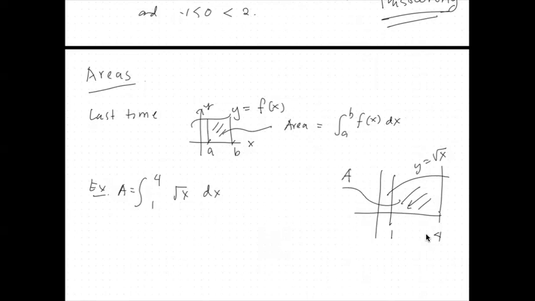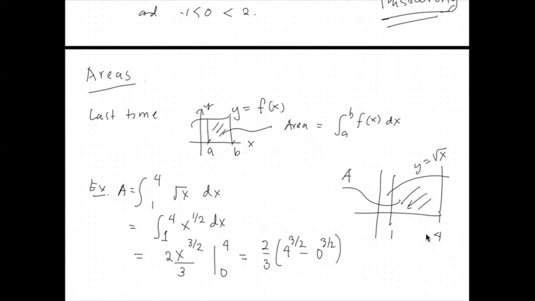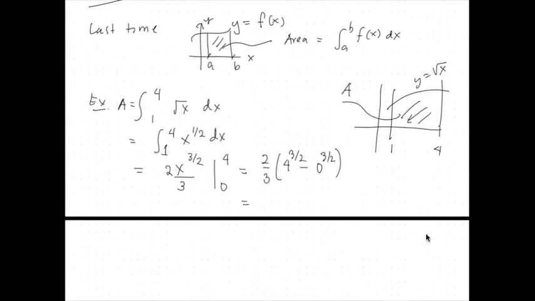In case you are not asked to solve, don't solve. But if you are asked to evaluate, then just evaluate. This is just the integral from 1 to 4 of x raised to 1/2. And then x raised to 1/2 plus 1 is 3/2. Thus we get 2/3 times 4 raised to 3/2 minus 0 raised to 3/2.